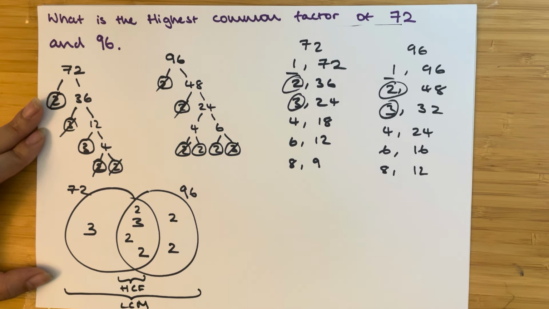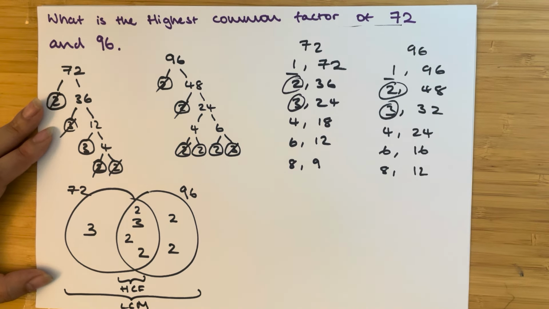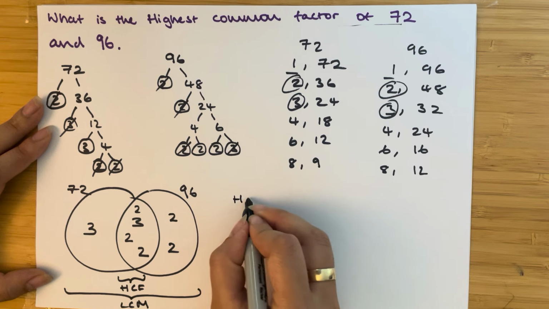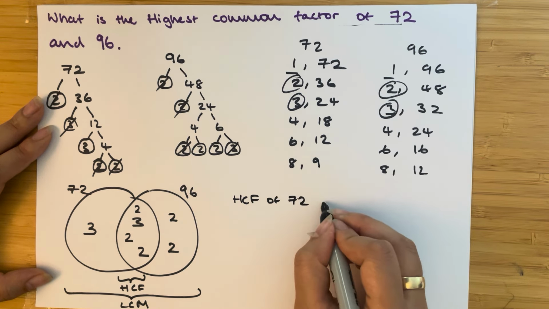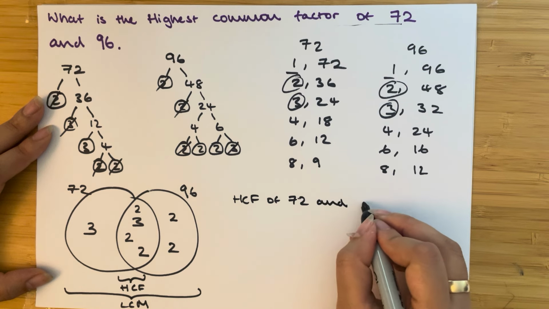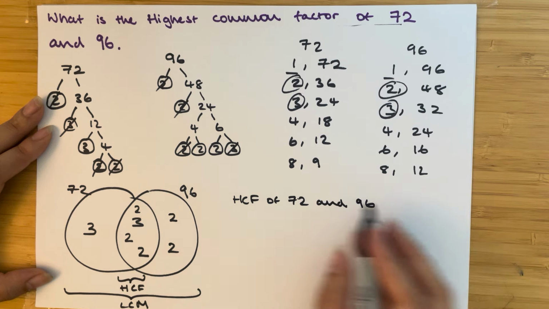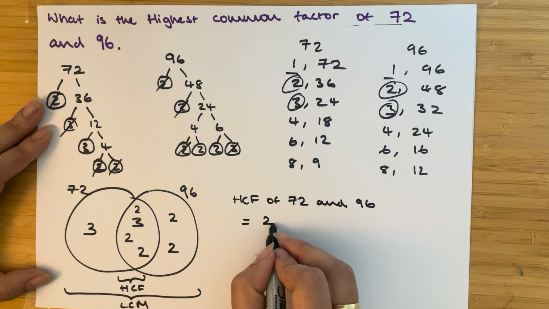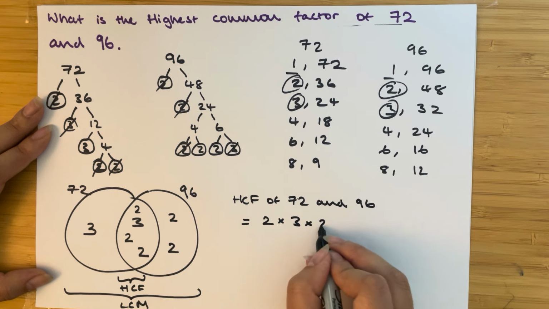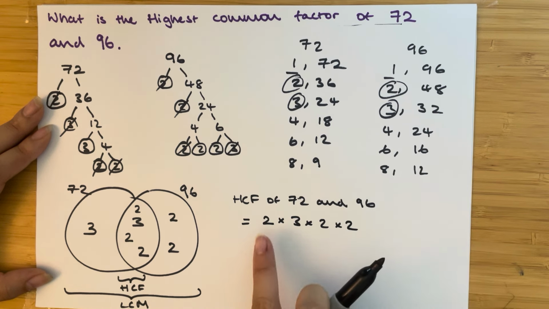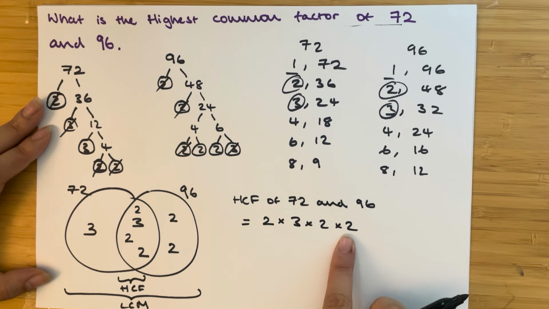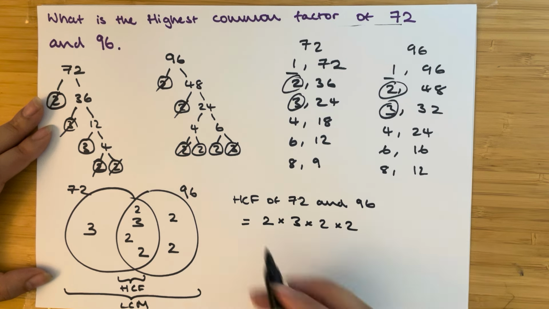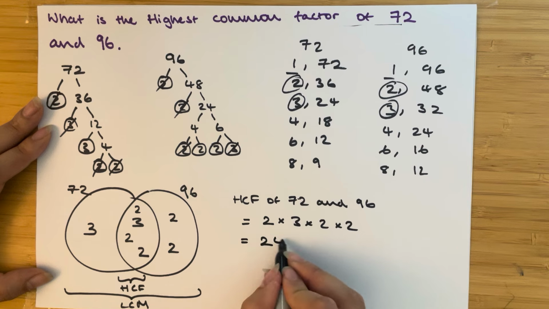Okay, so highest common factor. So HCF of 72 and 96 is going to equal 2 times 3 times 2 times 2. So that's 2, 4, 8. 8 times 3 equals 24.